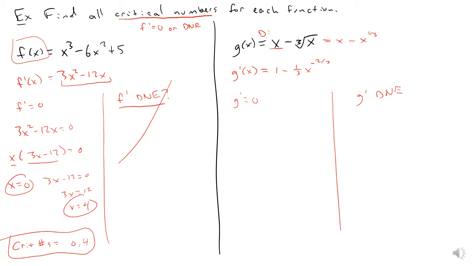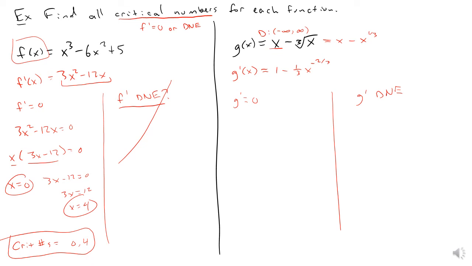If I'm doing a cube root of x, there's nothing that can mess up a cube root either. I can do the cube root of a positive or a negative number. My domain here is all real numbers. So, if there are any places in the domain of the function where the derivative no longer works, that would be considered a critical number.